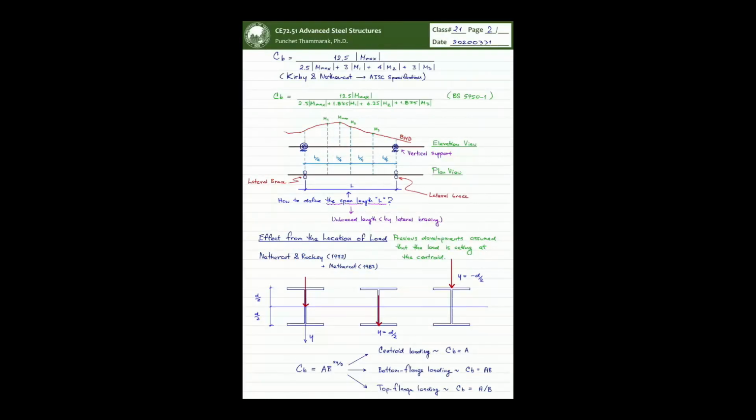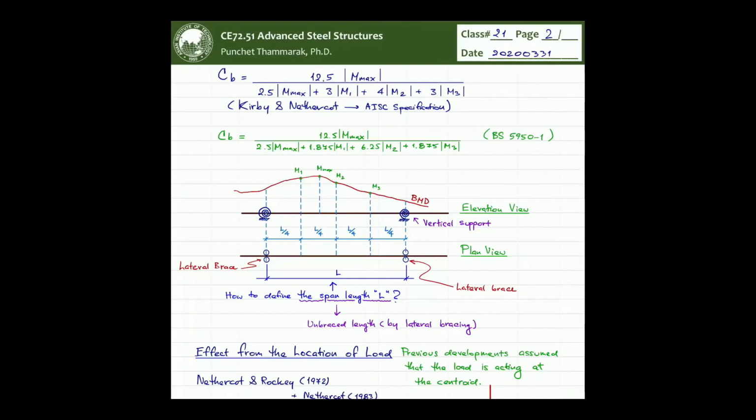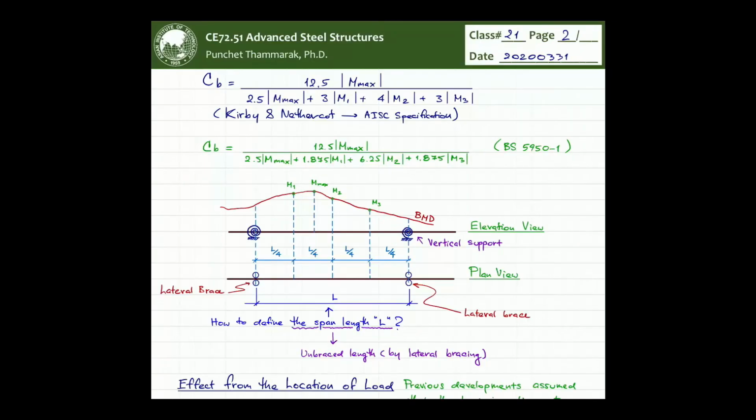It's up to you. Is it a good idea? On the conservative side, it doesn't hurt. So, you have some options to pick up the CB. There is the proposal from AISC, but generally you stick with AISC.